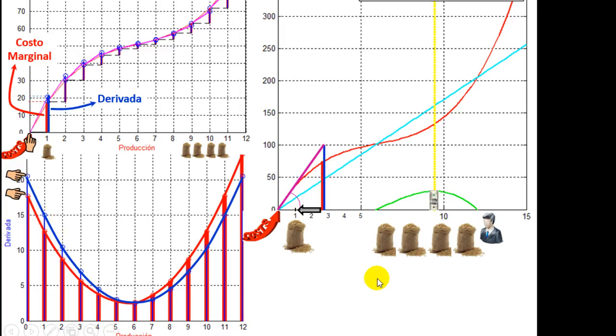Okay, now let's take the increment of cost, which is this value from here to here, divided by the increment of production, which is this value from here to here.